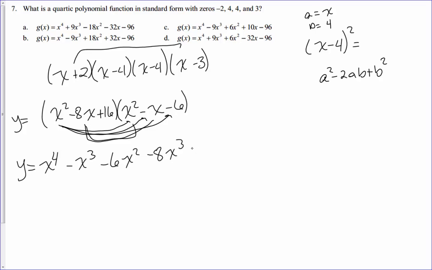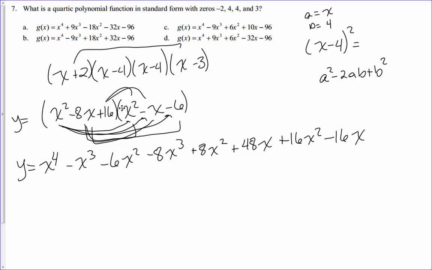That times that is positive 8x squared. And that times that is a positive 6 times 8, which is 48x. And then this times this is a positive 16x squared. That times that is negative 16x. And this times this is a positive 96.